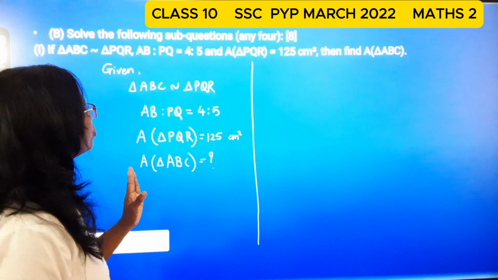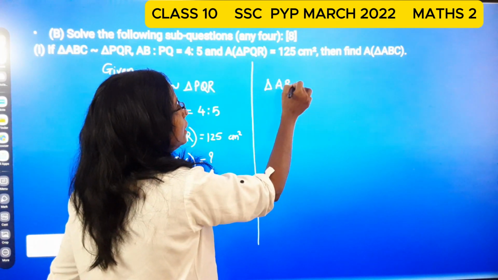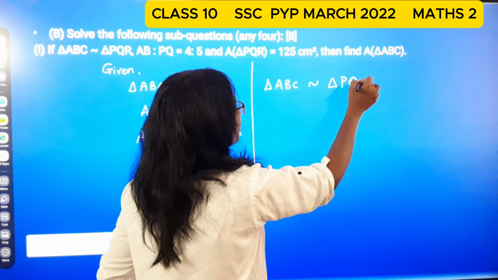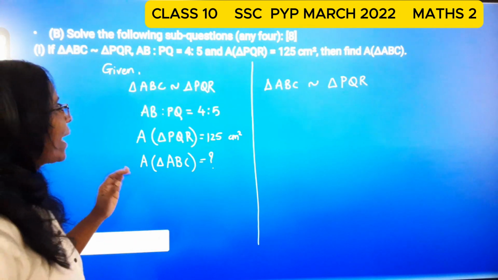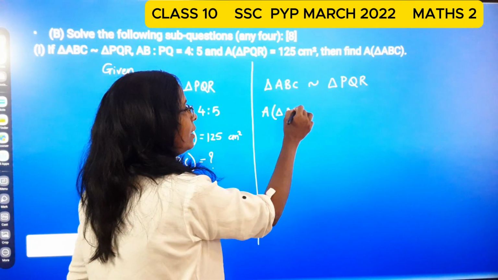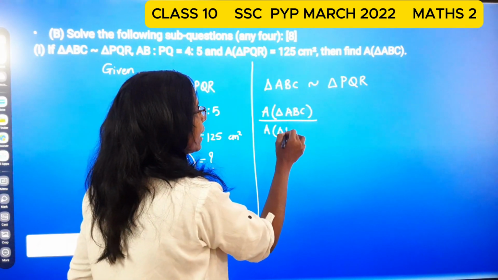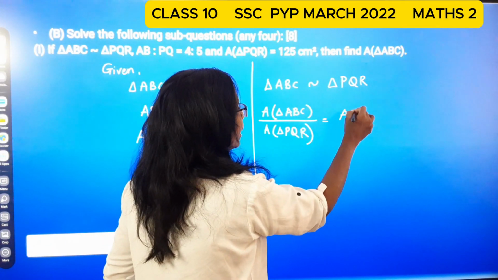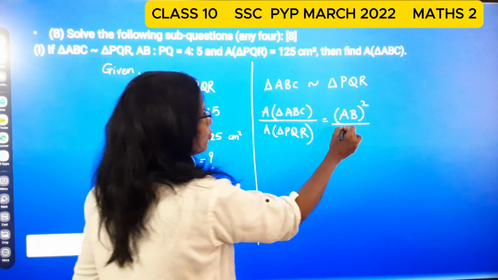Okay. Now here students, as the triangle ABC is similar to triangle PQR, that means here students, we can say that area of triangle ABC upon area of triangle PQR is equal to AB square upon PQ square.